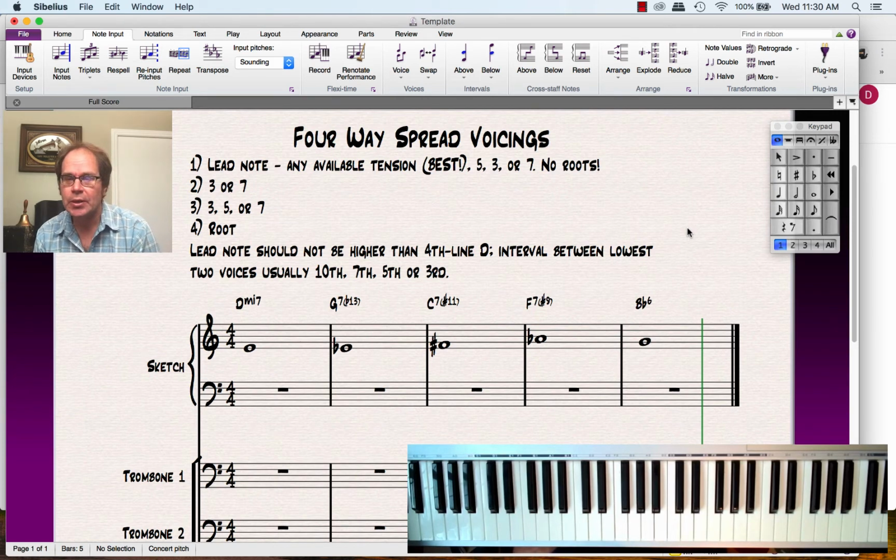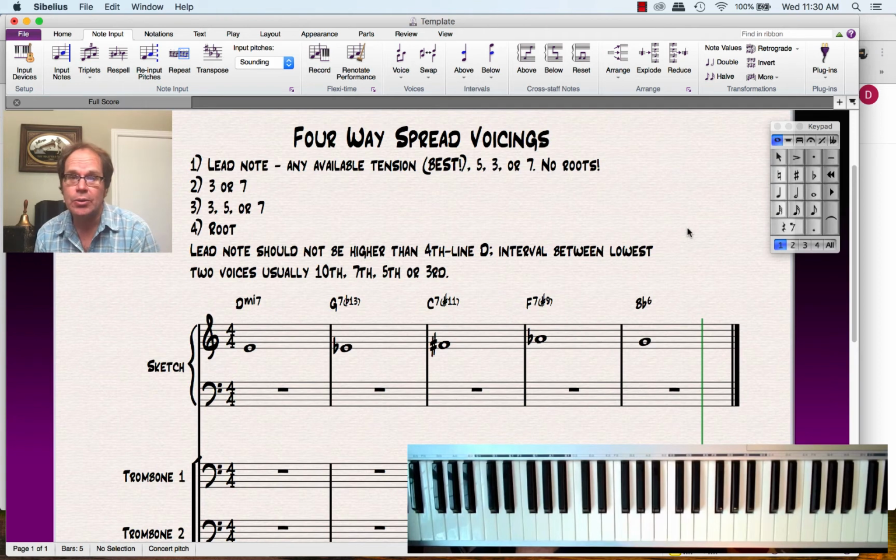We're going to talk about two different types of spread voicing: four-way spread, which we'll talk about today, and then in another video coming up, we'll talk about a five-way spread. For instance, if you have four trombones, that's a really good place to use a four-way spread if you want to create some sort of pad.